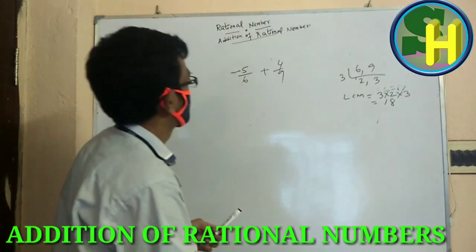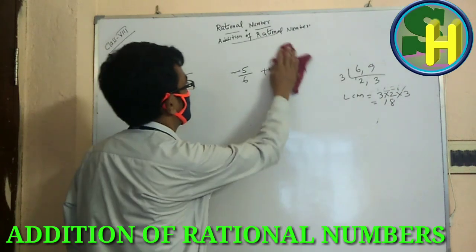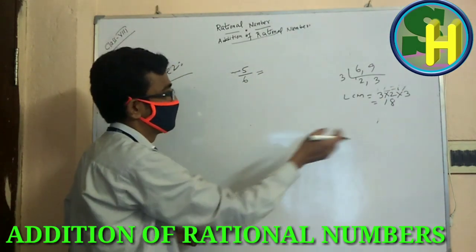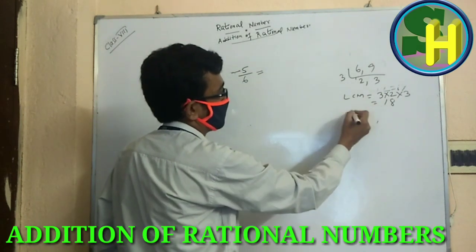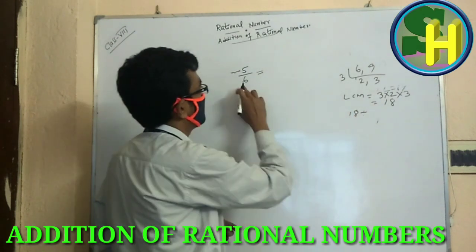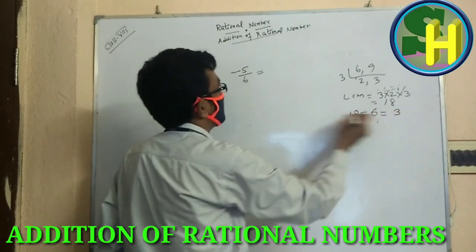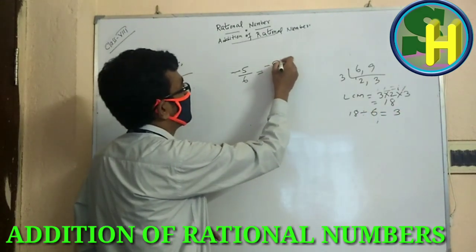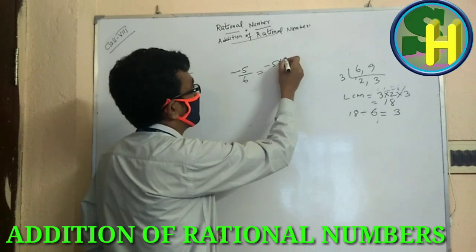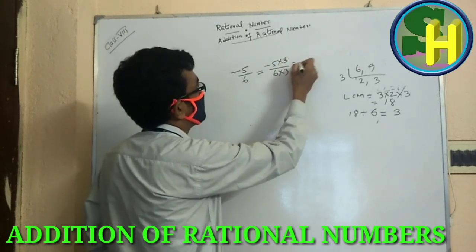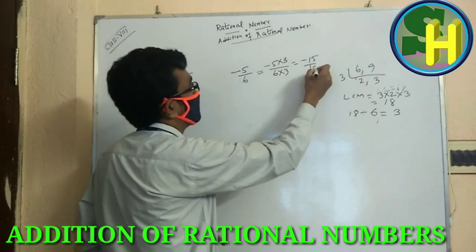How is it possible? Same thing. The LCM is 18. So 18 will be divided by your denominator. This is 3. You multiply both the numerator and denominator by 3. This is 15 by 18.